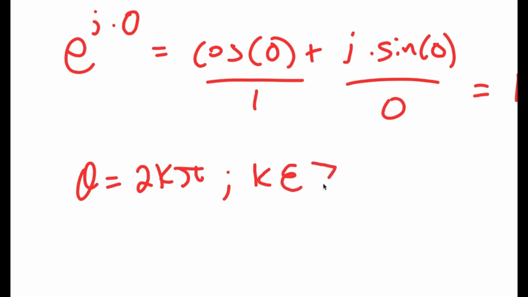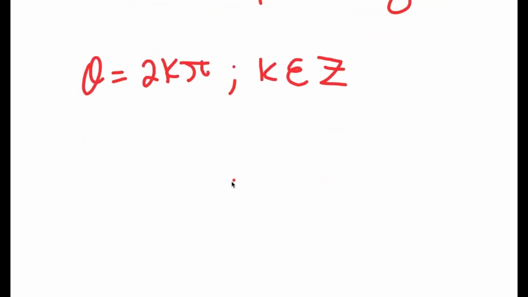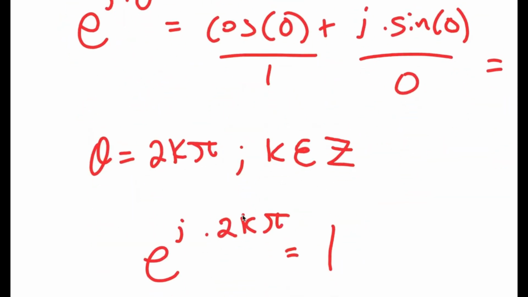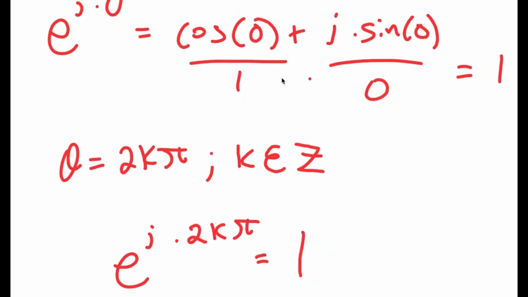So now I get e to the power of i times 2k pi is equal to 1. Because all we did was we just substituted theta in for 2k pi into this same thing.